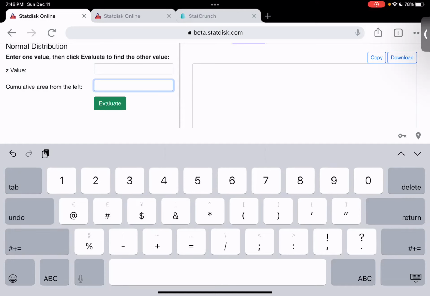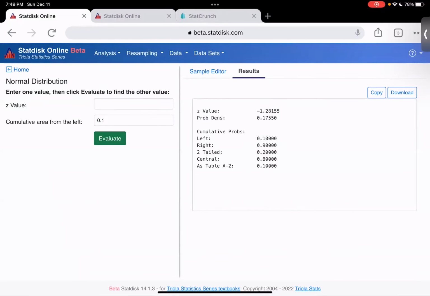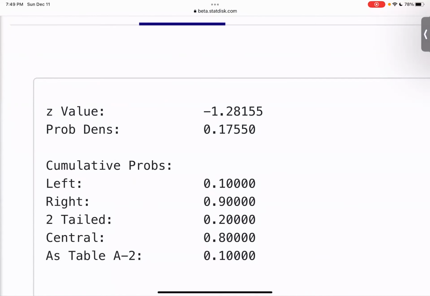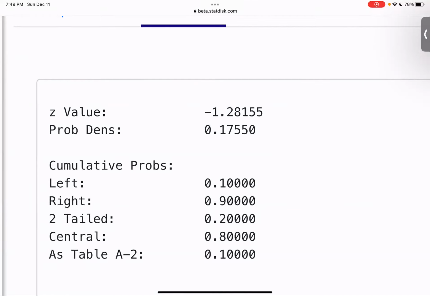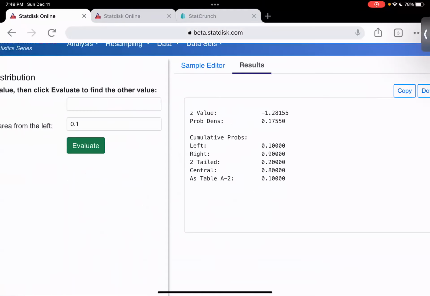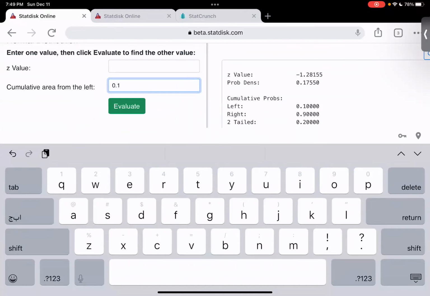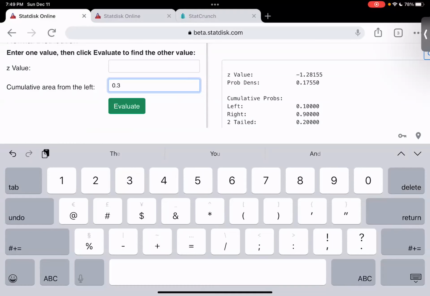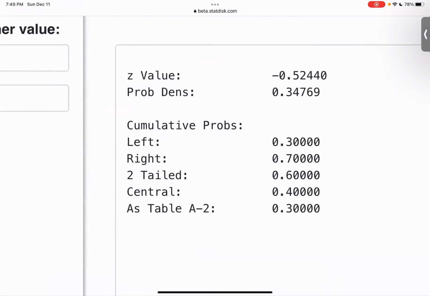We have the cumulative area to the left, and then we can find the z value. So at 0.1 it equals negative 1.28, we take just 2 digits, and then the next one, 0.3, it will be negative 0.52.